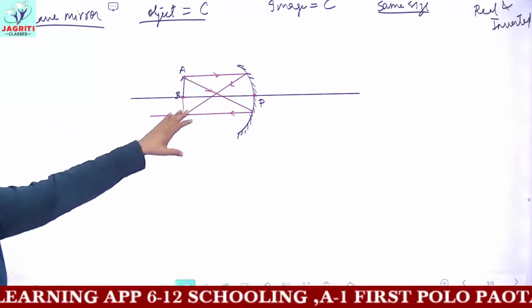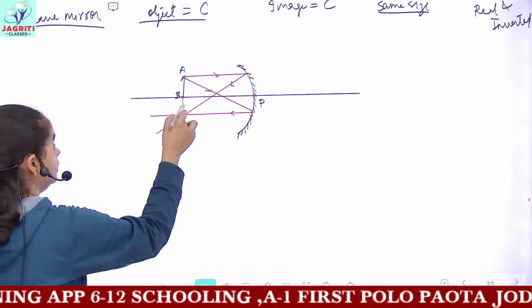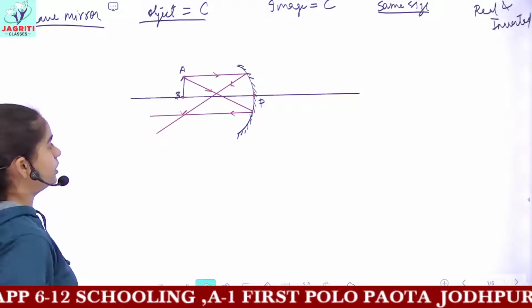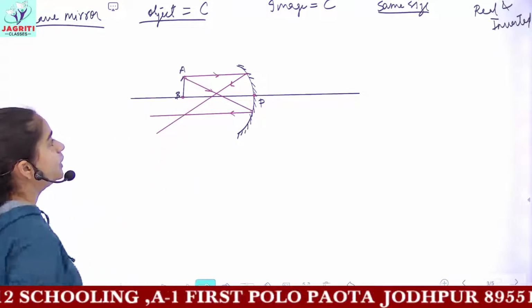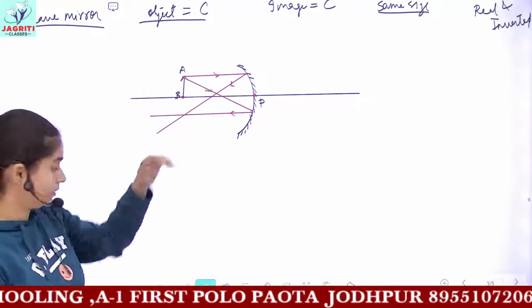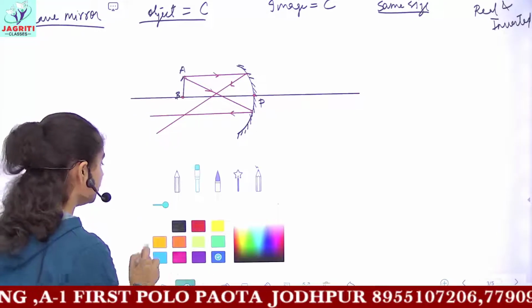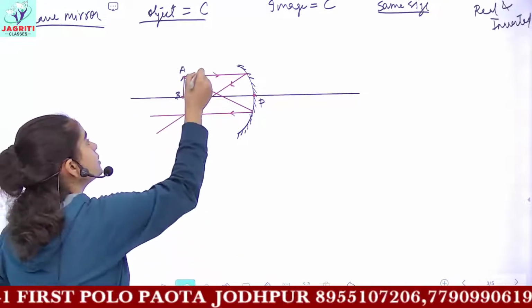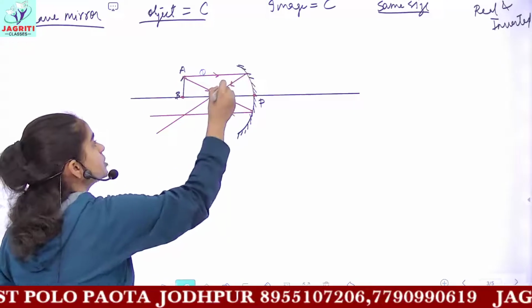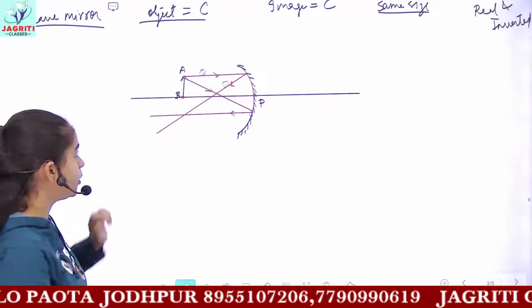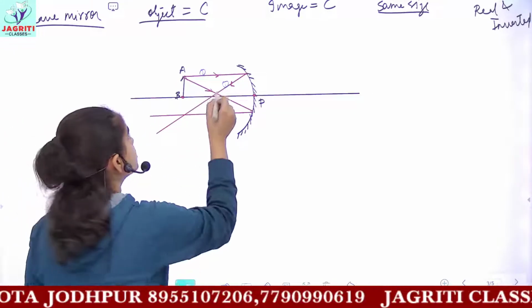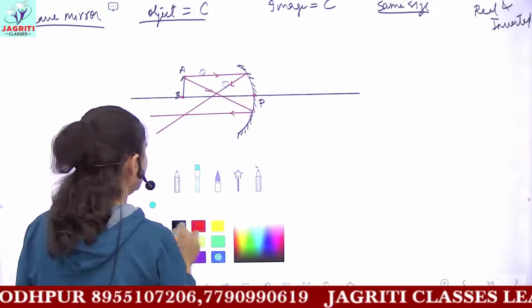See, now if I remove the object from here, the light rays coming from the object: this was your first light ray. This was the first ray. After reflection, see, it moved through the focus. Now also these light rays should move.